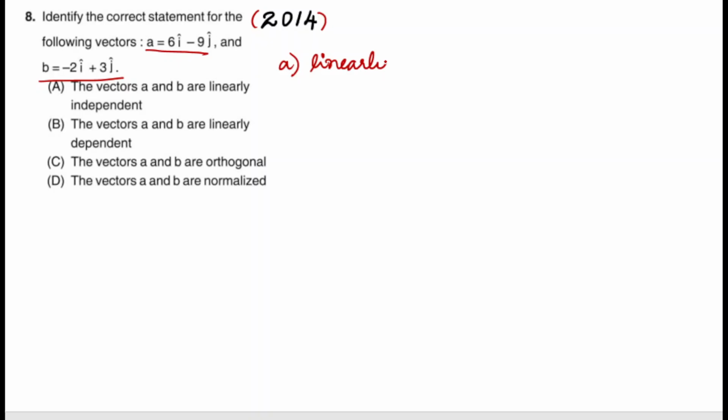Linearly independent means a vector cannot be written as a scalar multiple of b vector. Means I can't write any vector, it can be a vector or it can be b vector, as a scalar multiple.